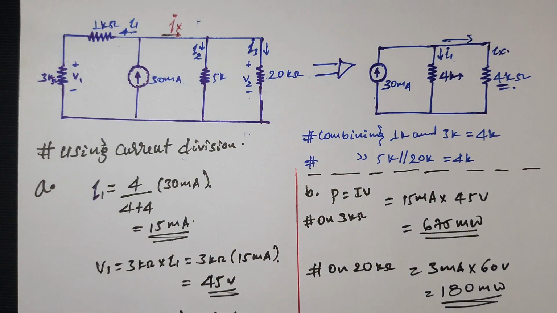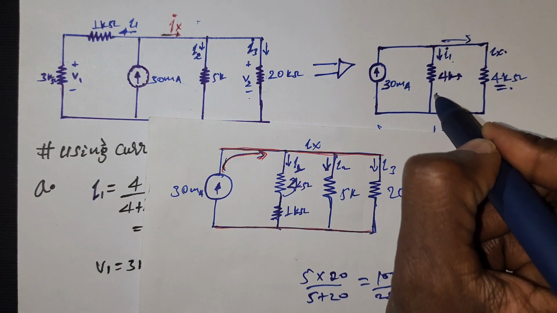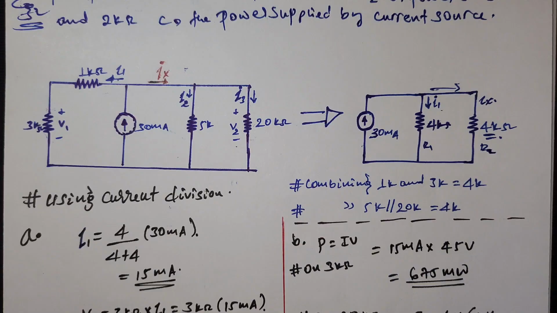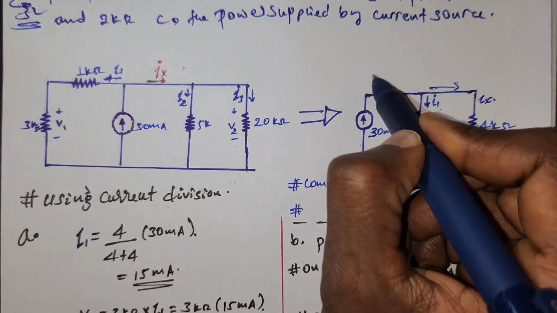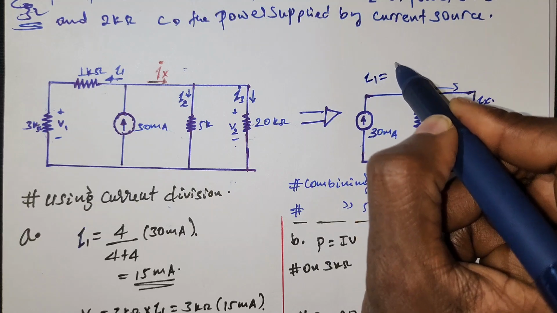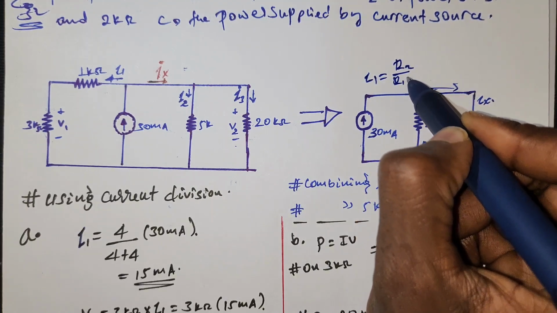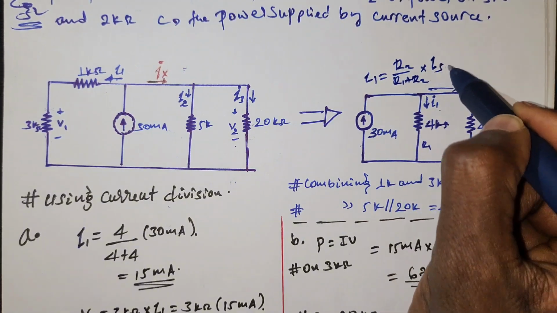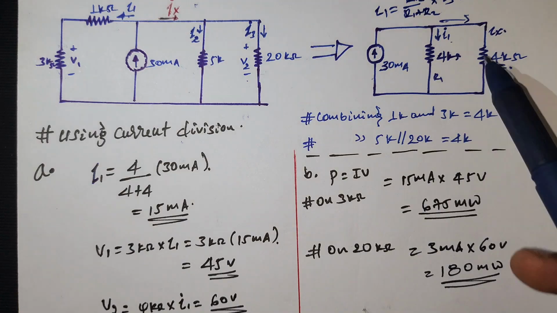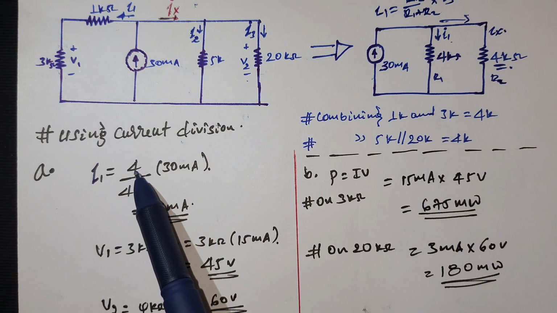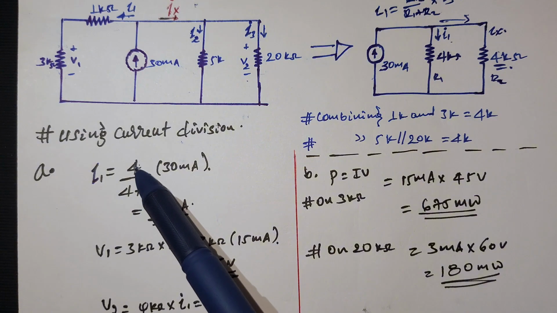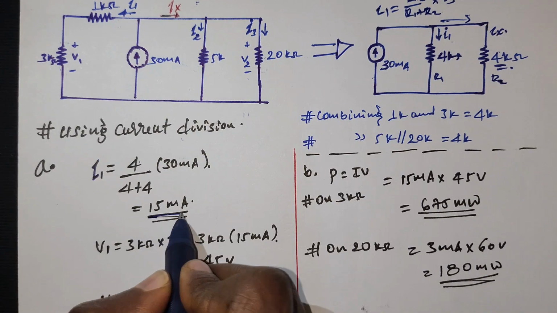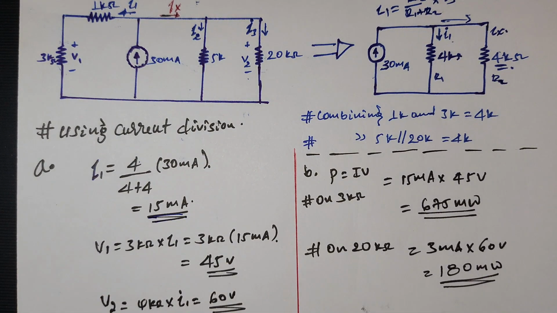If we assume this branch as R1 and the resistor on this branch as R2, then from the current division formula, I1 is R2 over R1 plus R2 times the source current, which is 30. Both are 4, so it is 4 over 4 plus 4 times 30 milliampere, which gives I1 as 15 milliampere.